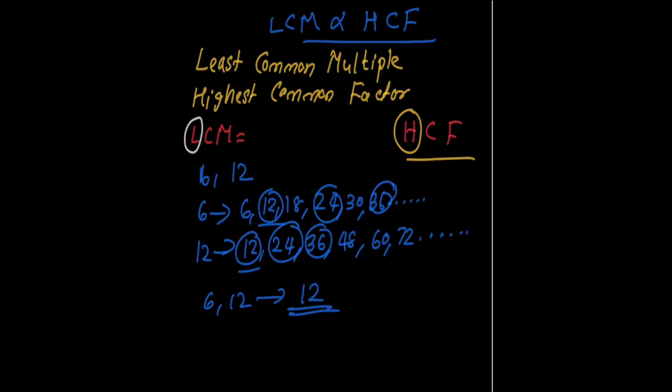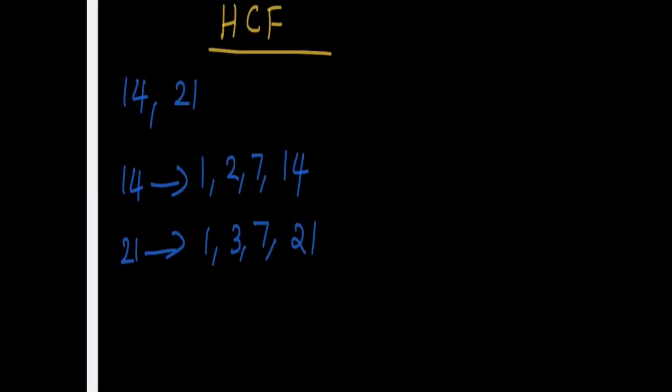Similarly, we have to find HCF also. Next, we can do the simplest, basic way of finding HCF. Find the HCF of 14 and 21. First, list out the factors of 14. They are 1, 2, 7 and 14.